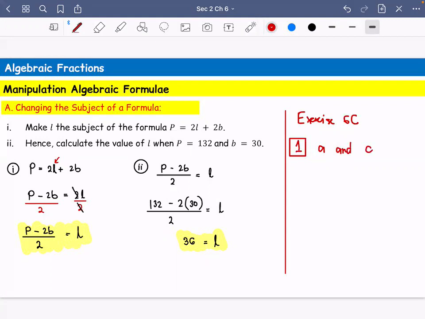These are basic level questions. By the way, this is on page 158, exercise 6C, number 1, A and C. Five minutes.